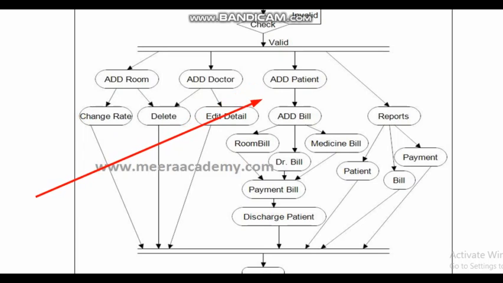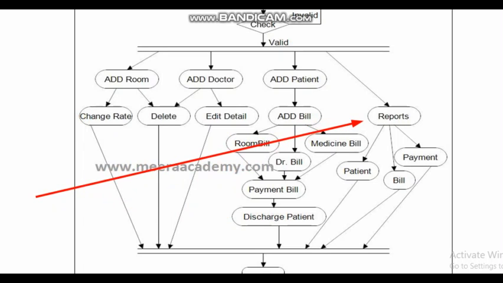Here you can see that the patient has a few details related to the patient, like billing, which includes the room bill, doctor bill, and medicine bill. Then the total overall payment of that particular patient, and the discharge details of the patient. Later on, the discharge process is carried out to provide the discharge for the patient.